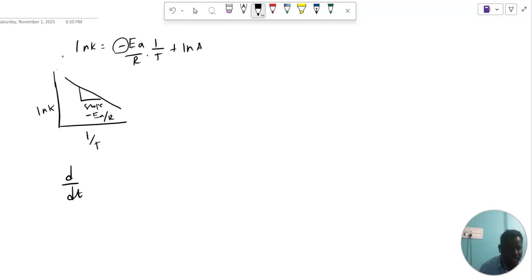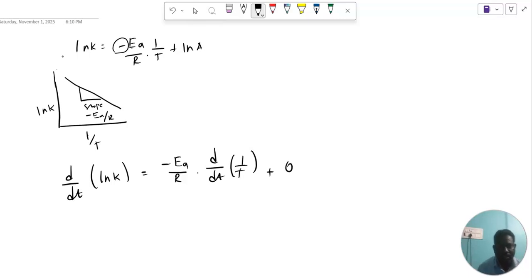Here it is not time, it is temperature. d ln k by dT is minus Ea by R times d by dT of 1 by T, plus this is a constant, so it becomes 0. If you differentiate a constant, it becomes 0.